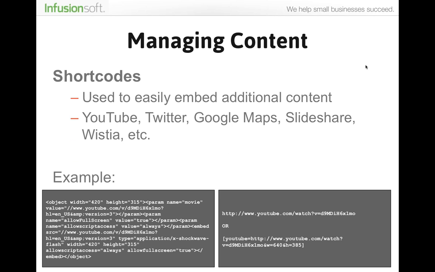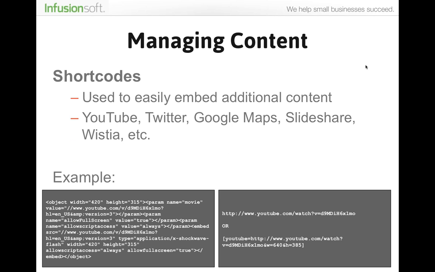And that is HTML code. It's an embed code. So what shortcodes do, they bridge that gap so you don't have to worry about grabbing all that HTML code. You can grab literally a shorter code to actually accomplish the same result.